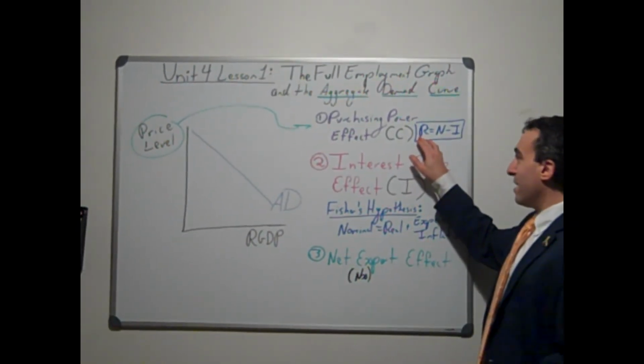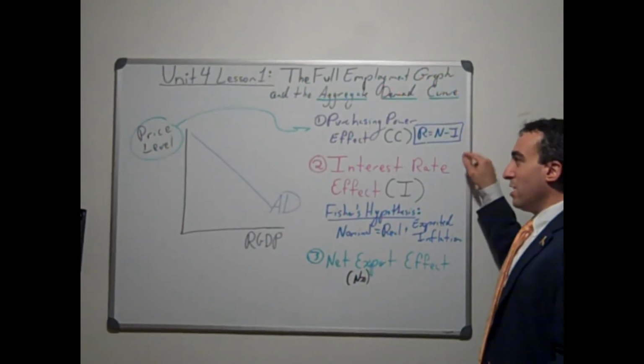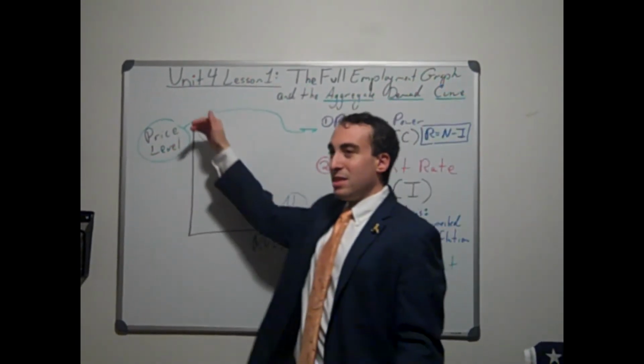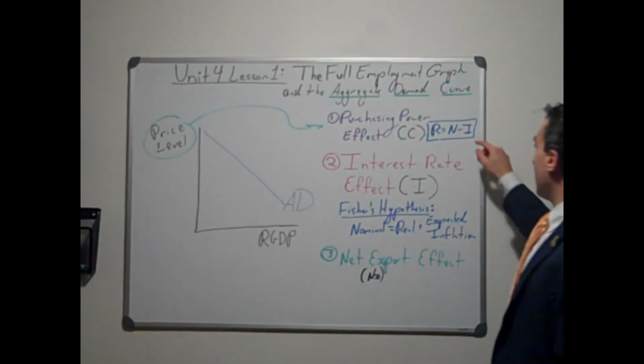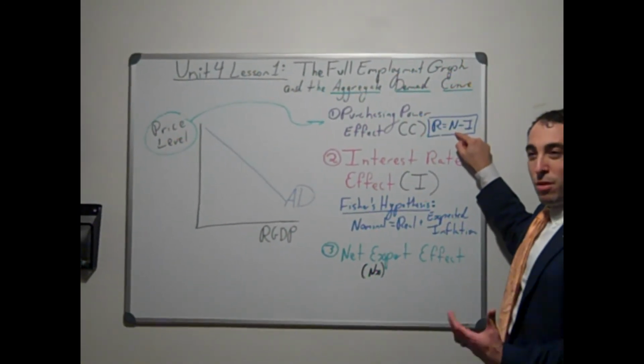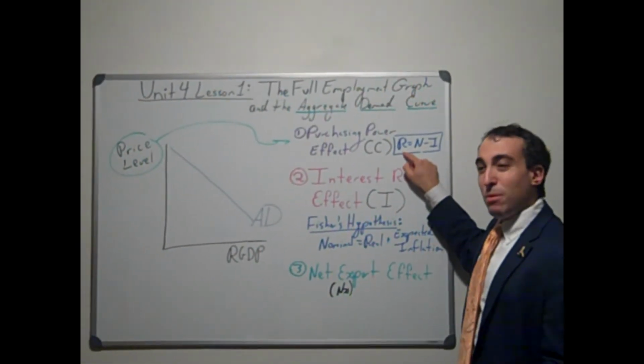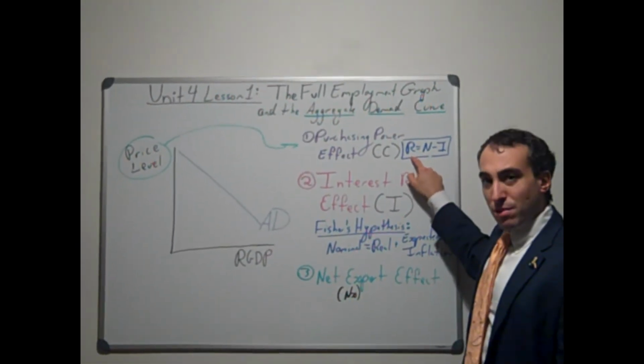So real anything equals nominal minus inflation. As the price level is increasing, the inflation rate is eroding what we're supposed to be earning, and therefore what we are really able to spend is decreasing.